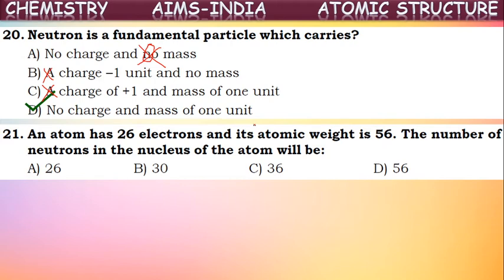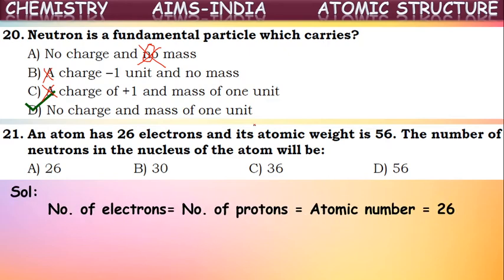And we know the number of protons is taken as the atomic number. Okay, number of protons is 26 now, and its mass number is given as 56. So if we know mass number and proton number, we can calculate the number of neutrons.